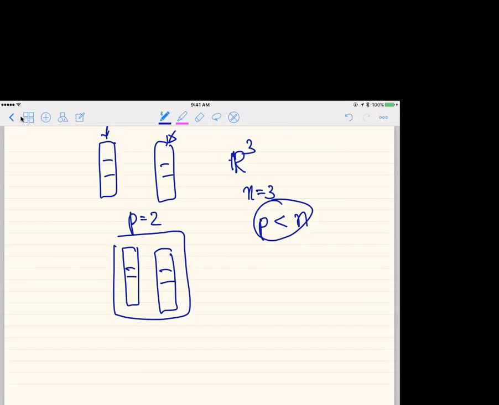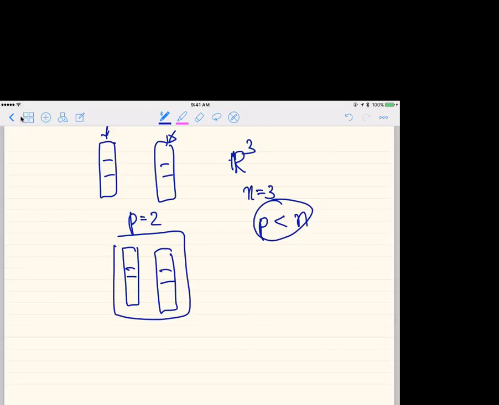In this shape, where we have only two vectors in three-dimensional space, are they always linearly independent, or always linearly dependent? So the answer is, it actually depends. It can be linearly independent, or it can be linearly dependent.